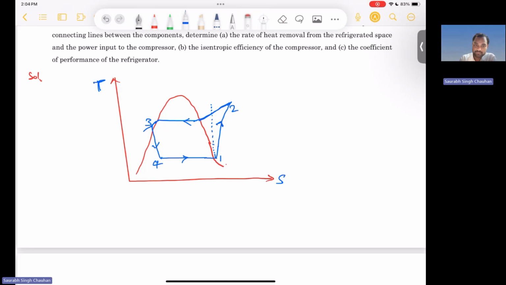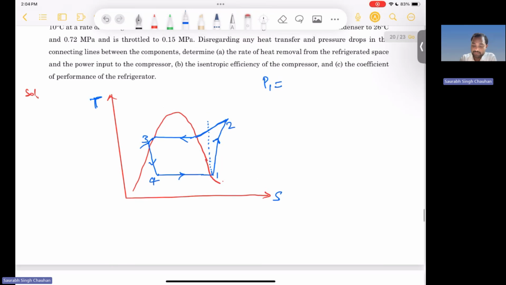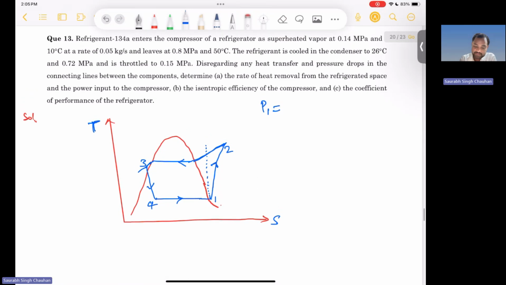So again we will have to find the values whatever is not given. P1 is given, right? It is given 0.14 MPa, and T1 is also given, how much? Minus 10 degrees Celsius.